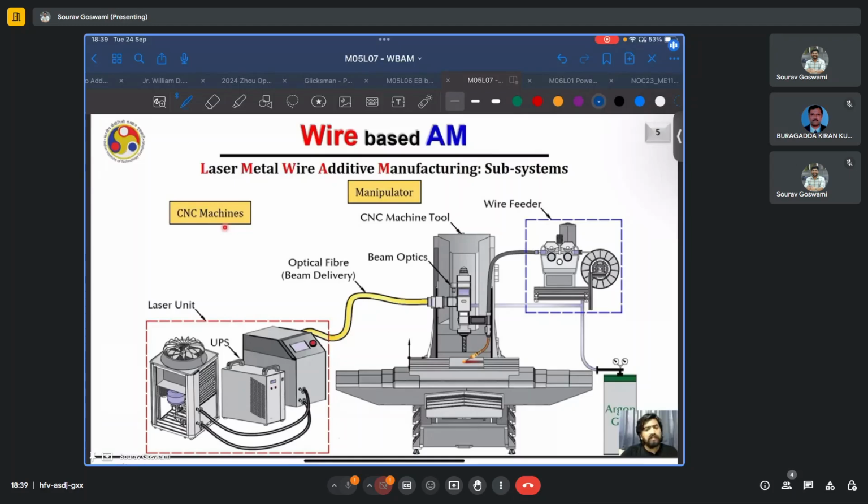Then, via an optical fiber, the laser beam is delivered to the deposition head, which is retrofitted on the head of an existing CNC machine. You couple it with a wire feeder, which again is assembled manually, and mount it to the side or top of the machine. You connect it to an argon gas supply, and voila, you have a laser beam based wire additive manufacturing machine.